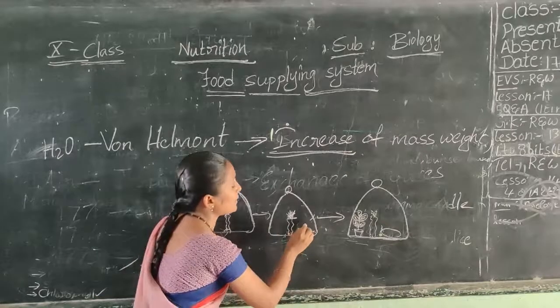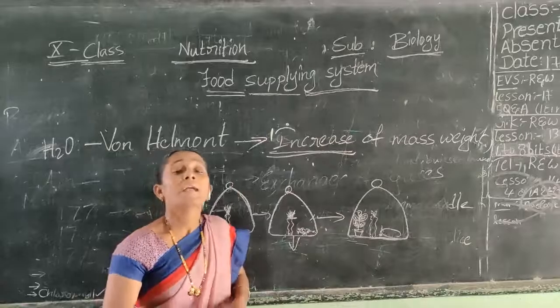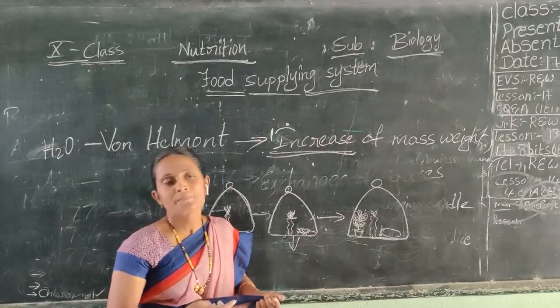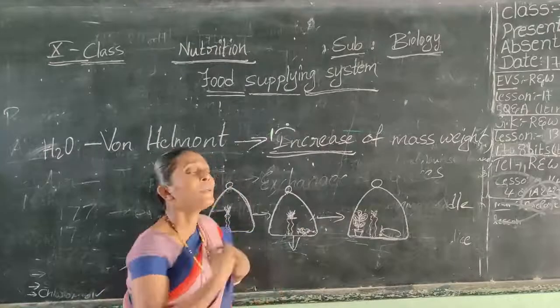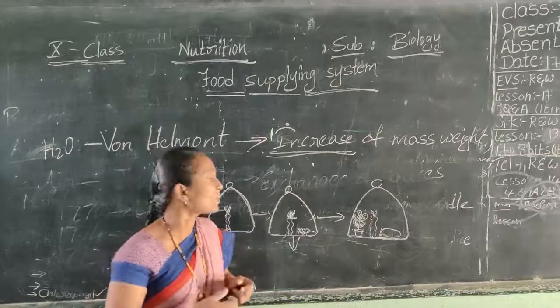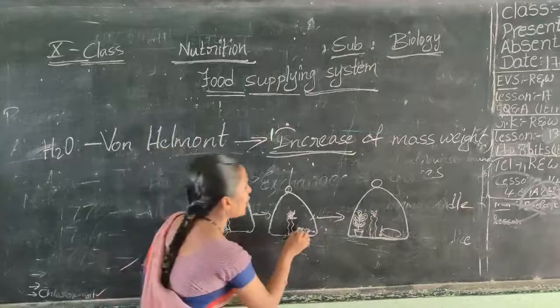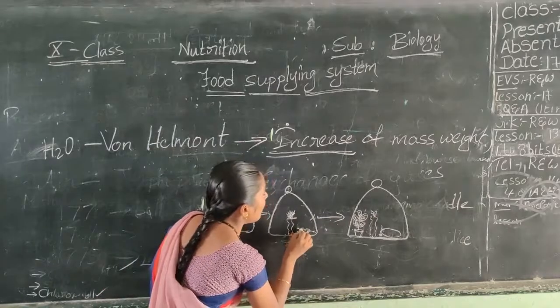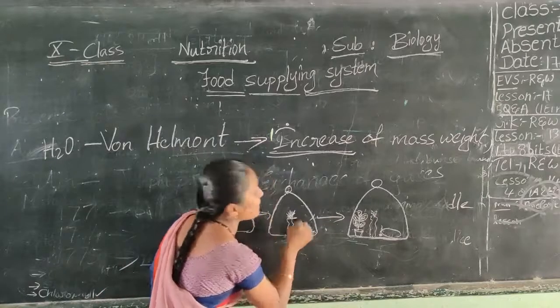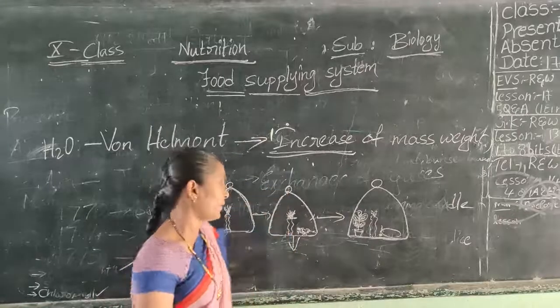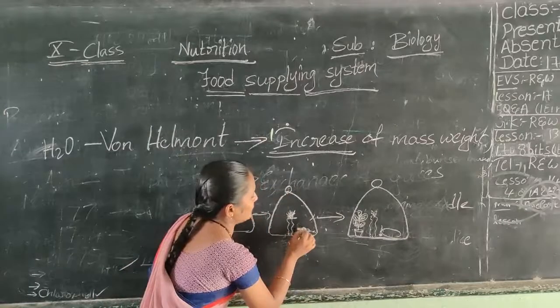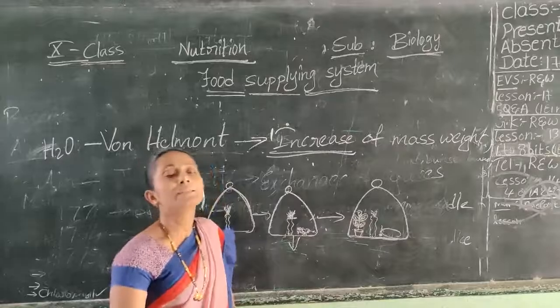So what happened here? The rat exhales carbon dioxide and inhales oxygen. That is the process we call respiration. The oxygen is taken in by the mouse and carbon dioxide is exhaled out.